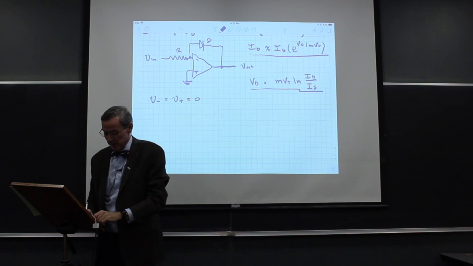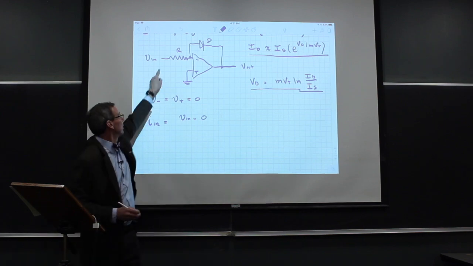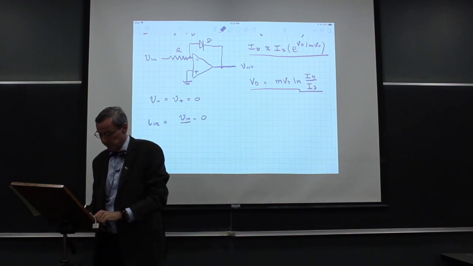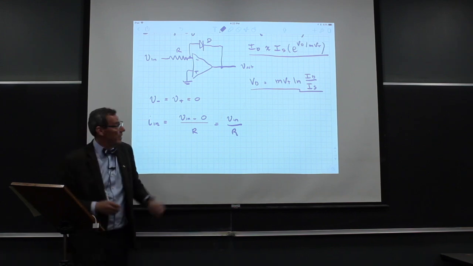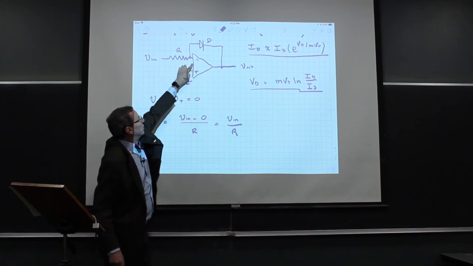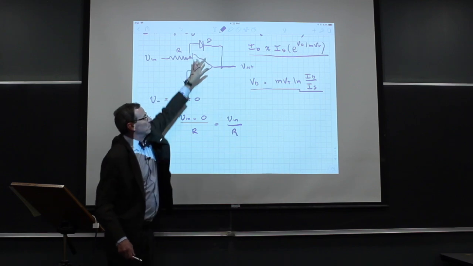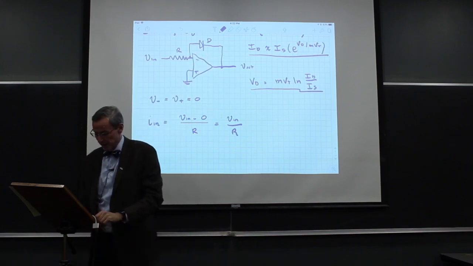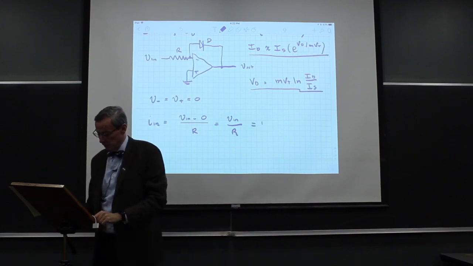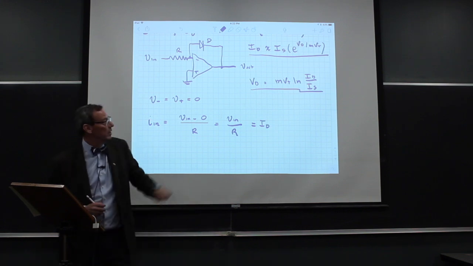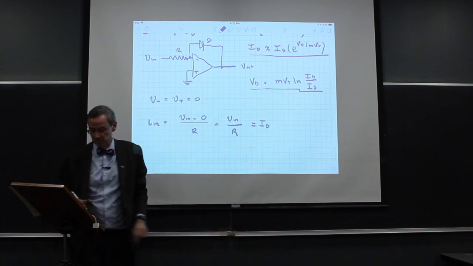The current flowing into this, I in, is going to be V in minus 0, the voltage drop across that resistor, divided by R, or just V in over R. And no current flows into the op-amp, so all that current must flow through the diode. So that has to be equal to I diode. All the current has to go through the diode.